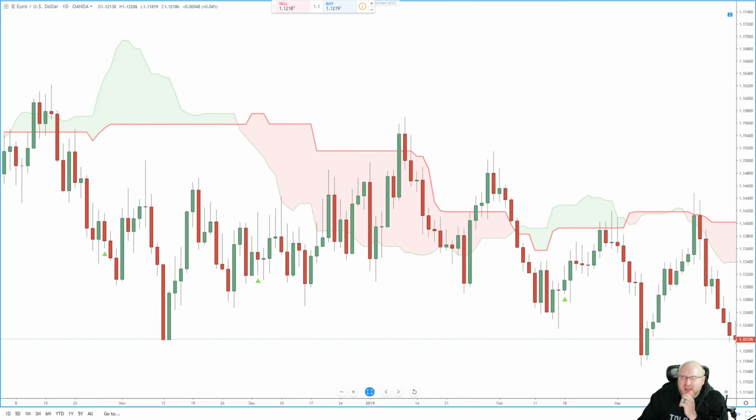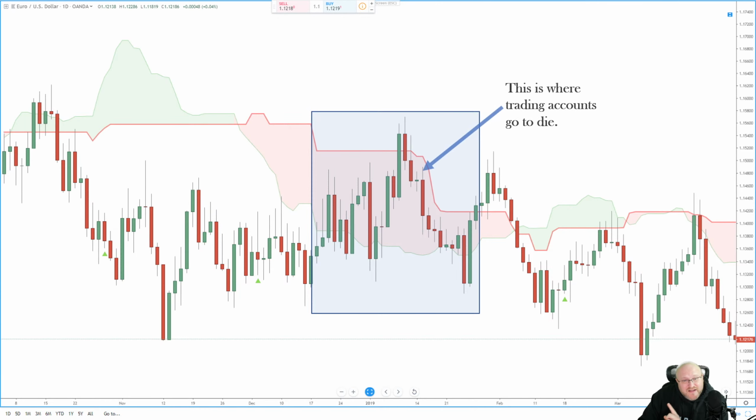That is what sucks about the cloud. There is no rhyme or reason to what is going on here. I affectionately call this place the place where trading accounts go to die. Just stay away. Like Nancy Reagan, just say no, move on.